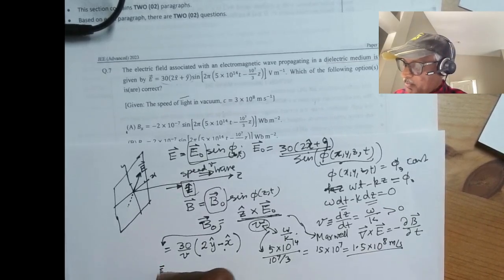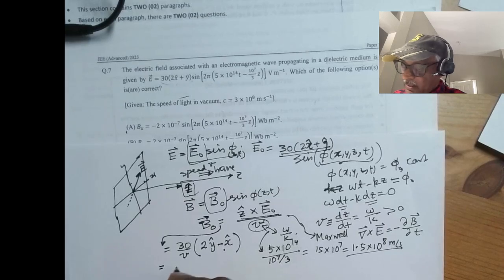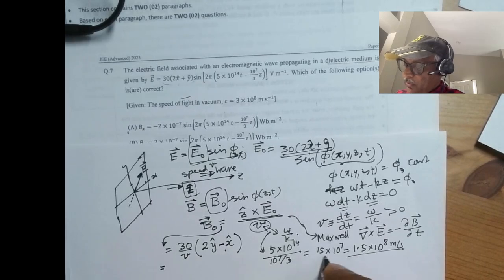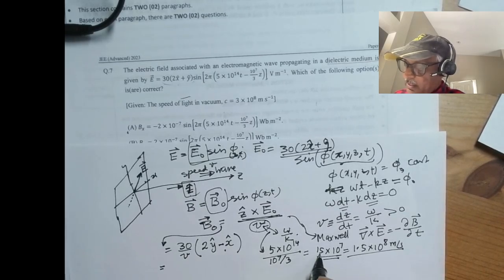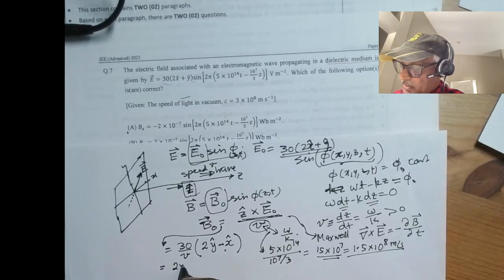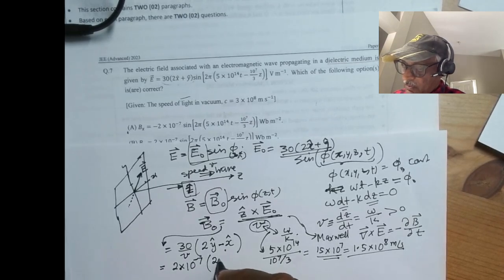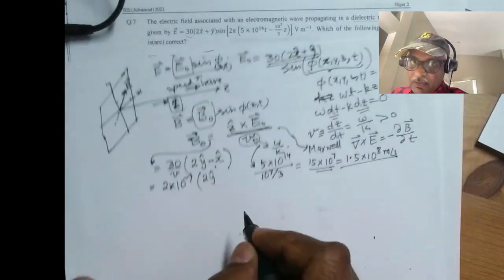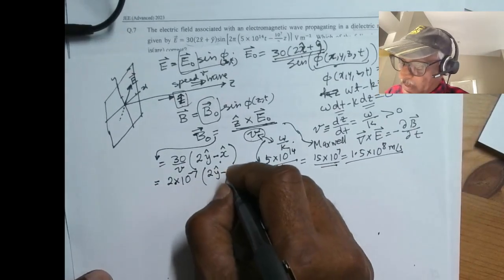So this just becomes 30 over 15, which is 2 times 10 to the power minus 7, times (2y hat minus x hat).